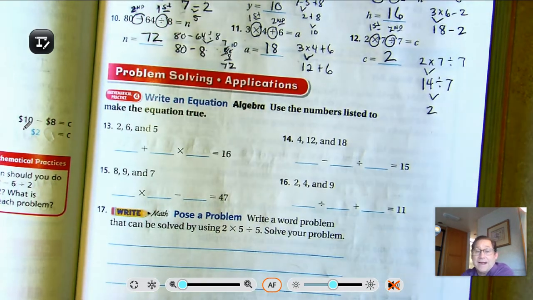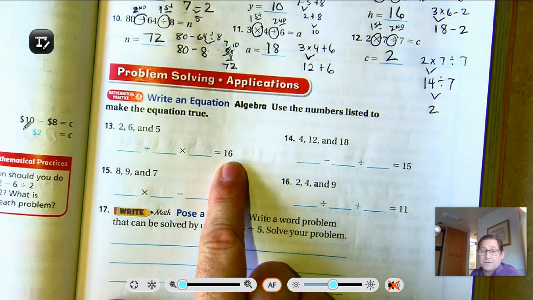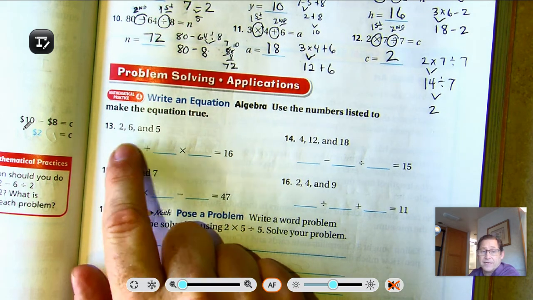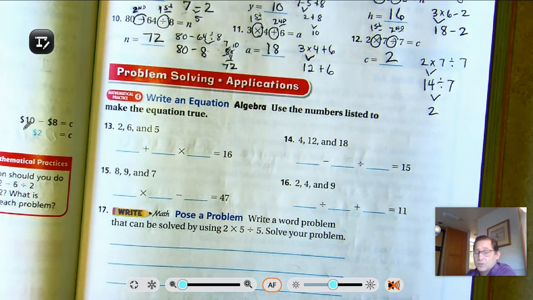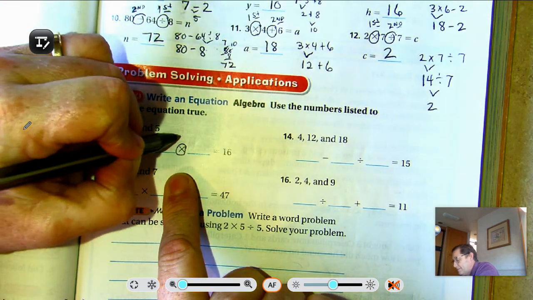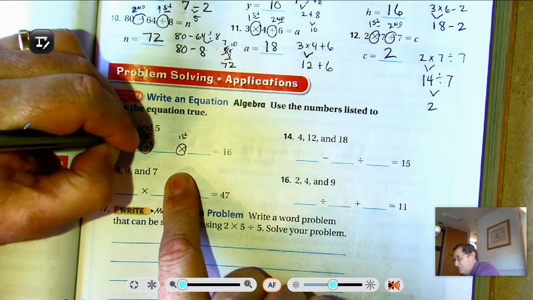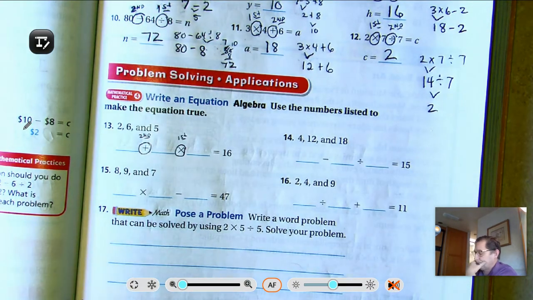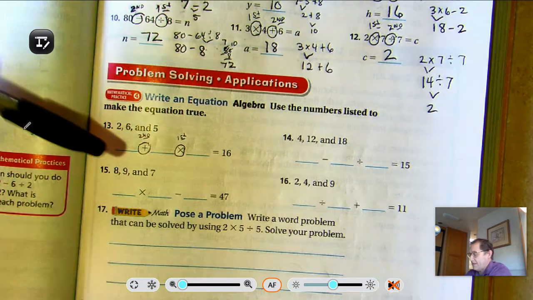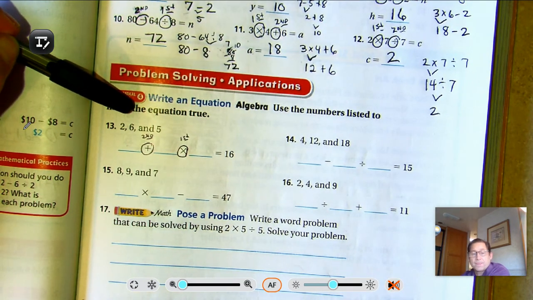All right, so now we have to practice these ideas to see if we can come up with the right answer by putting the operations together. So we know that we have to multiply first, followed by addition. If I do 2 times 6, because that's first, right?